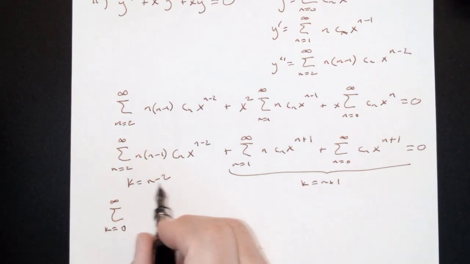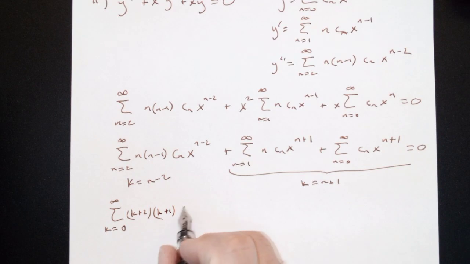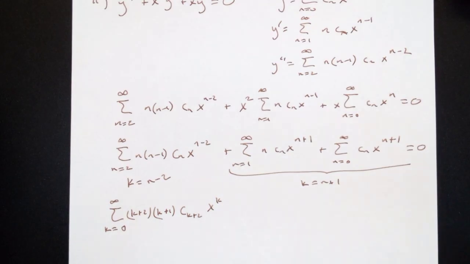So if I have an n, that's a k plus 2. If I have an n minus 1, that's a k plus 1. c_n, k plus 2, x to the k. What happens in the second sum?